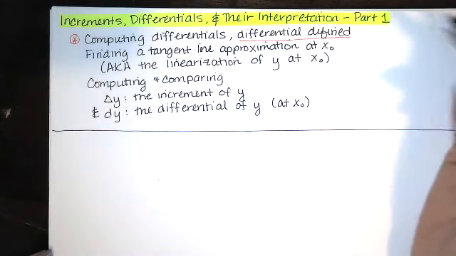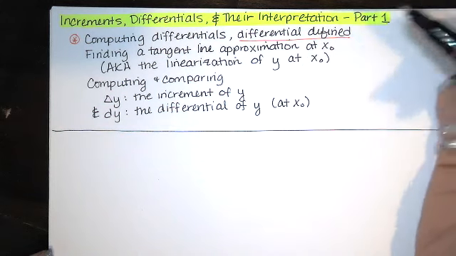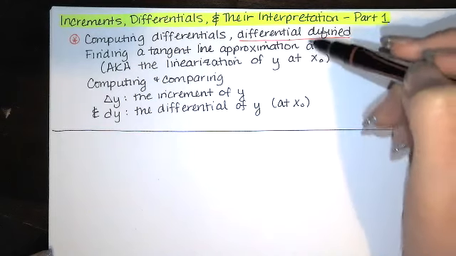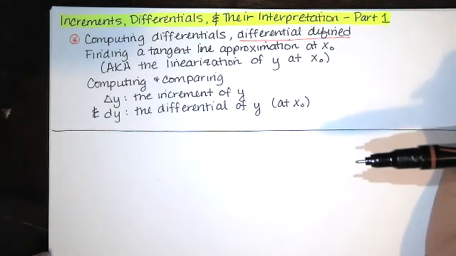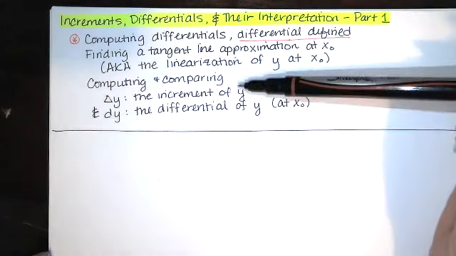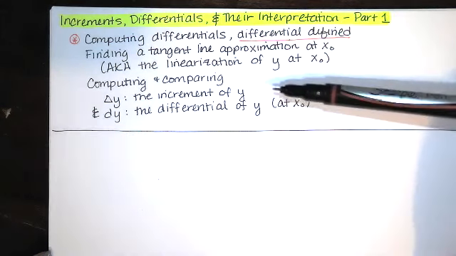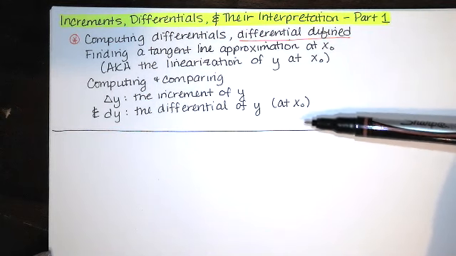So we'll compute a tangent line and we'll look at the similarity between the y values on the function and the y values on the tangent line. And then we will discuss how the tangent line is related to our interpretation of the differential. So we'll define something called the increment of y, and we will look at the differential of y evaluated at a particular value, x equals x naught.